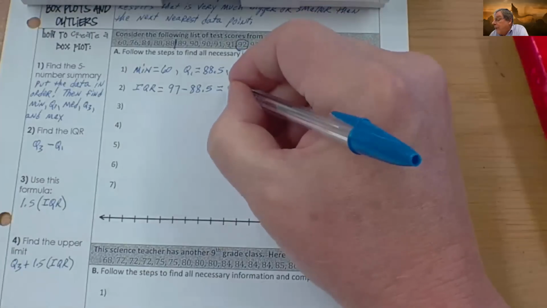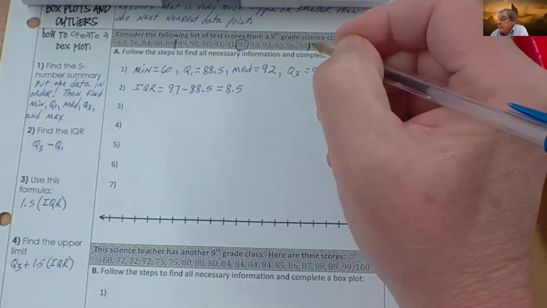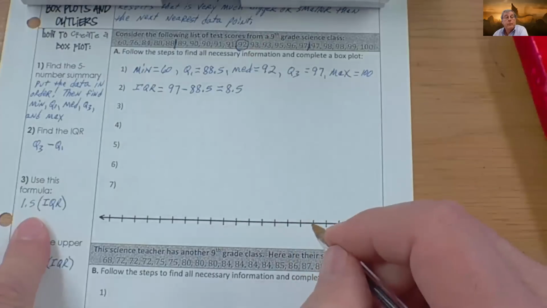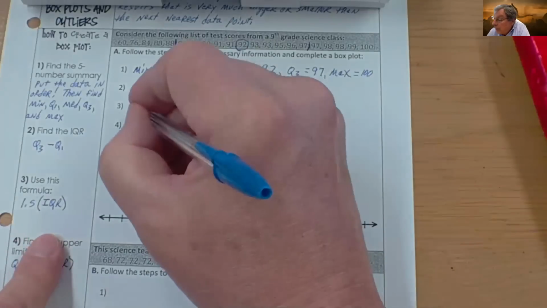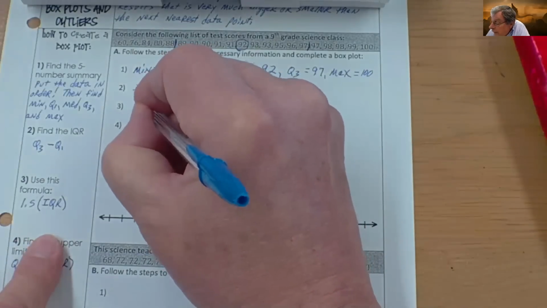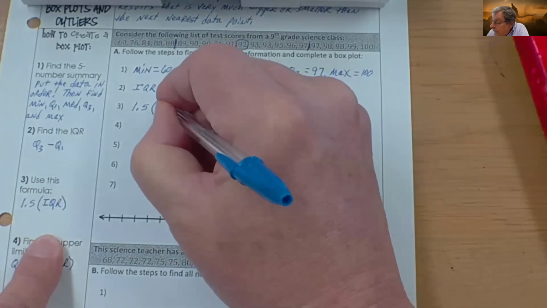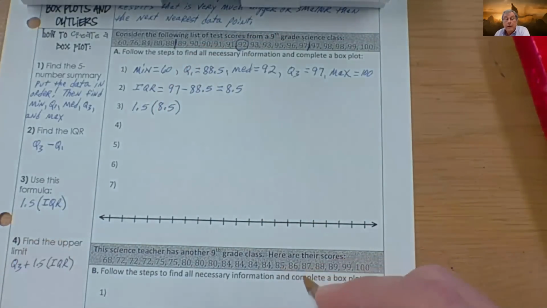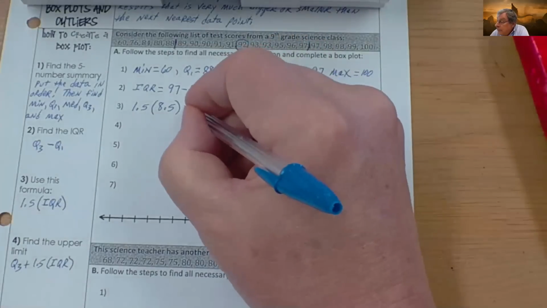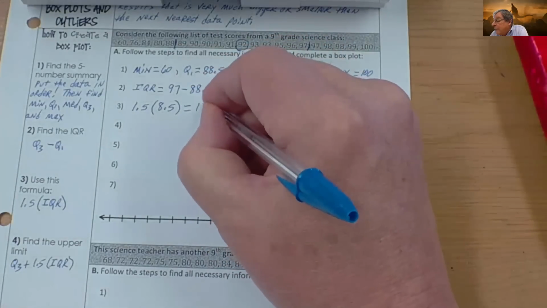Comes out to be 8.5. Step 3. Use the formula 1.5 times the IQR. So 1.5 times the IQR we just found to be 8.5. If we do that multiplication, it comes out to be 12.75.